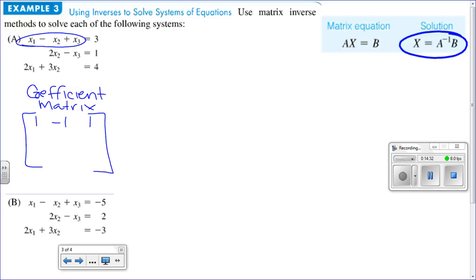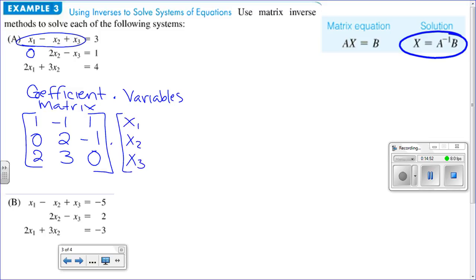Then we will have 0, there's no x sub 1 there, then 2, negative 1, 2, 3, and 0. And so that times the variables, which are x sub 1, x sub 2, and x sub 3, will equal the constants, which are 3, 1, and 4. And those are the constants.